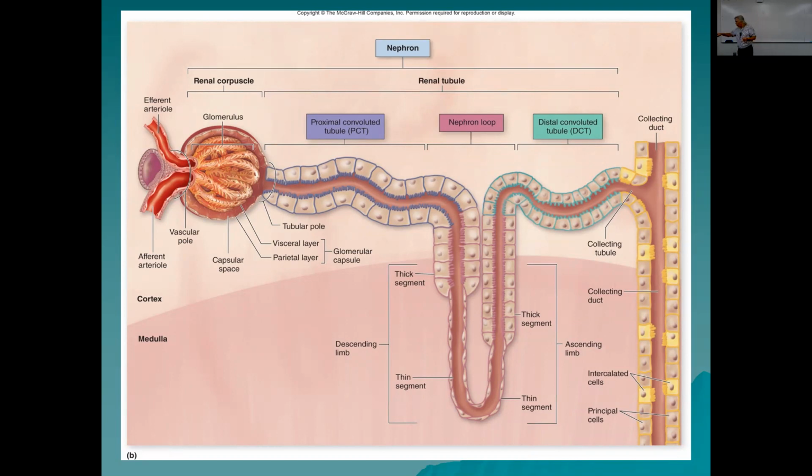Then on a tubular pole, you'll see the proximal convoluted tubule, PCT, traveling along. And then you'll see the descending limb of the loop of Henle, or nephron loop, dipping into medulla. Then the ascending loop, or ascending limb, coming up back into the cortex.